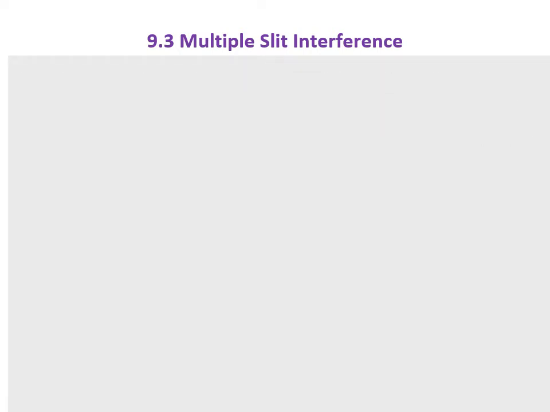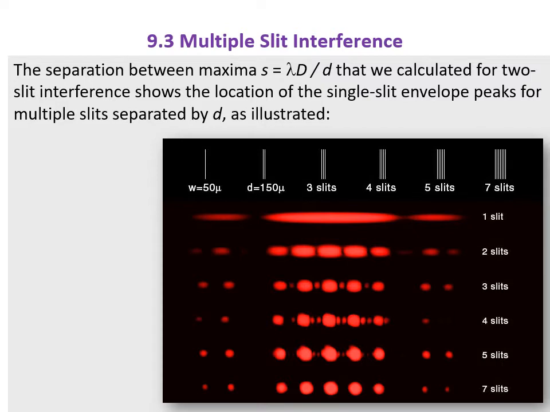So using that equation from topic 4.4, the separation between the maxima, s, the fringe spacing, is given by lambda D divided by d that we calculated for two slit interference. This shows the location of the single slit envelope peaks for multiple slits separated by d, illustrated like this.